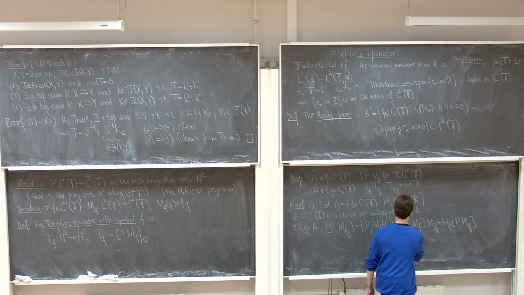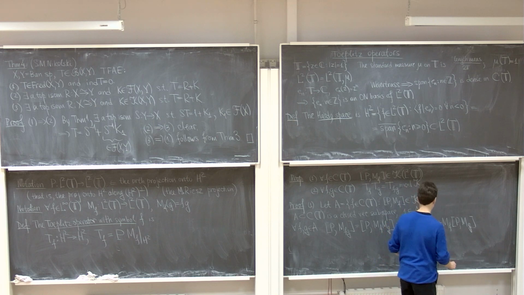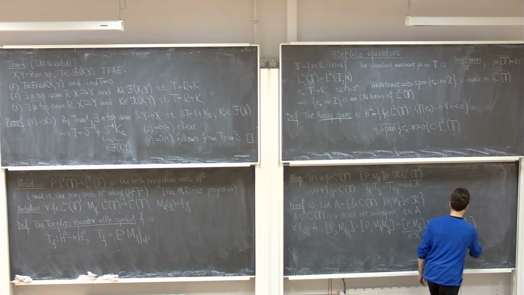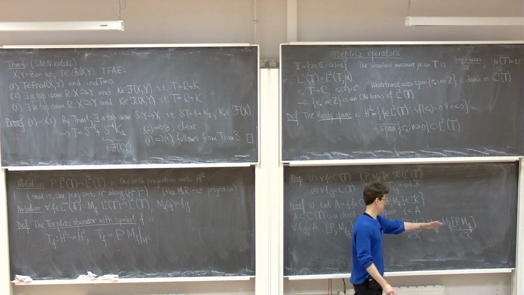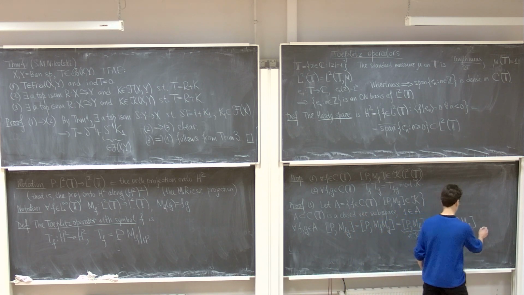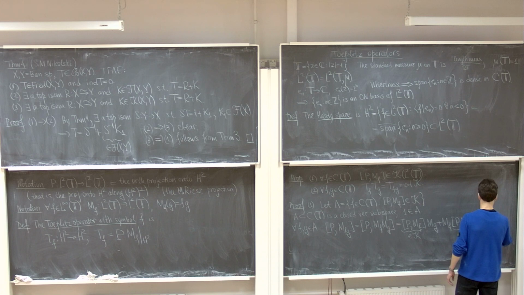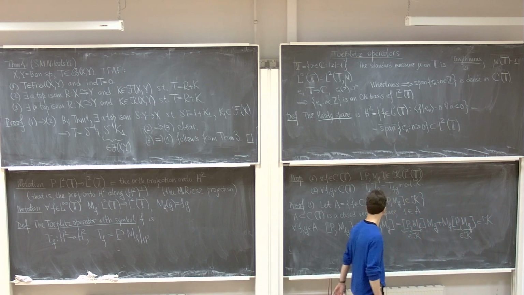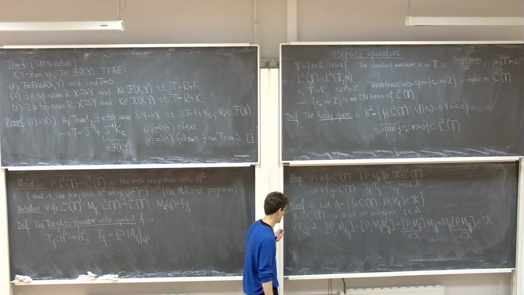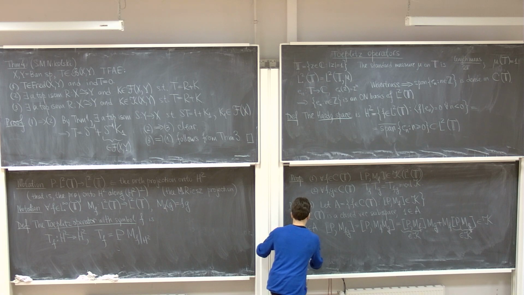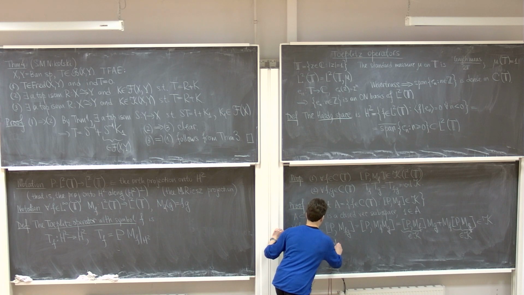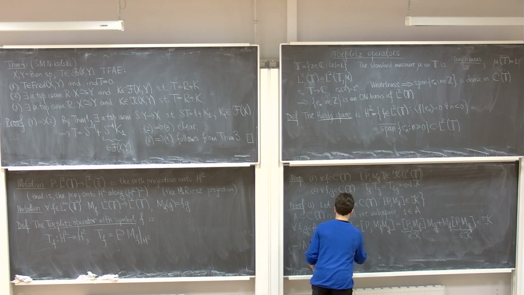But this operator is compact because f is in A, and this operator is also compact because g is in A. And so this implies that the whole expression is compact. So we conclude that A is a subalgebra of C(T).